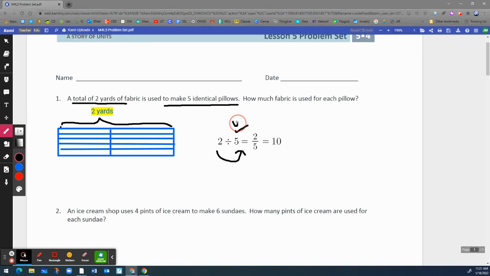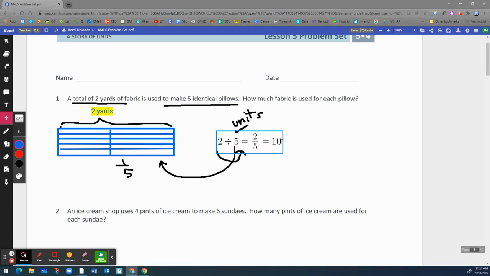Let me write this, unit. The 5 means that you have to divide each part into fifths. So now we have 10 fifths right here. Each of them is 1/5. And this is why when you multiply 2 times 5 equals 10, the answer is 10 fifths.